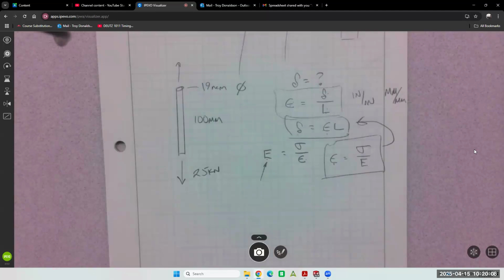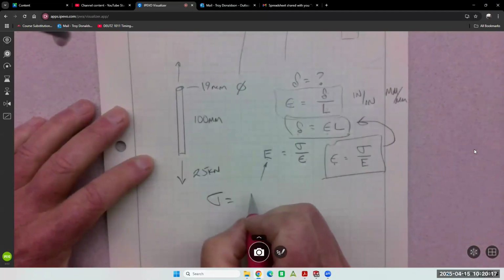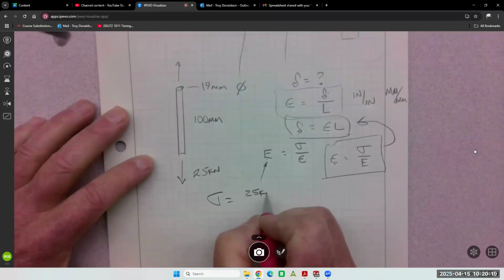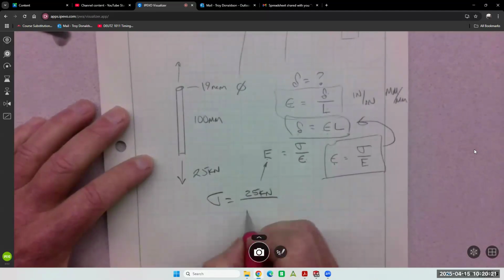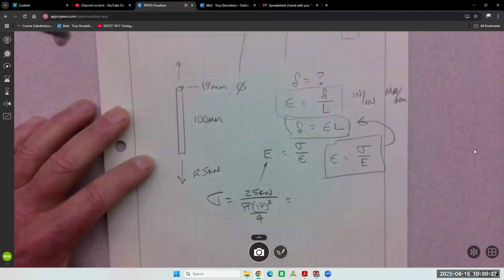And you just calculated stress on your homework problem, right? We got stress equal to P, which was 25 kilonewtons over area, pi, 19 squared over 4.